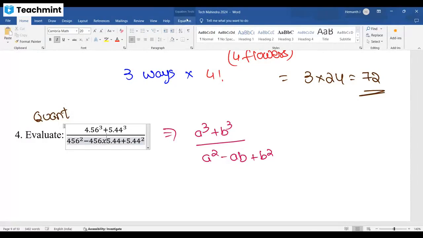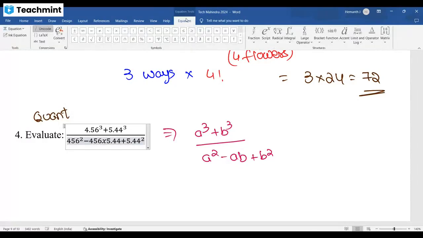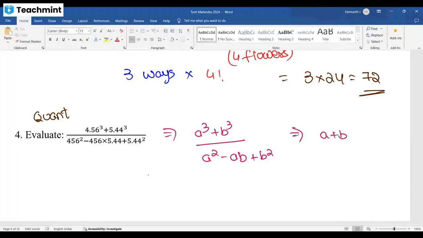If you know the a cube plus b cube formula, it's a plus b into a square minus ab plus b square. So it will cancel, leaving a plus b. Here a is 4.56 and b is 5.44. Adding both, you will get 10.